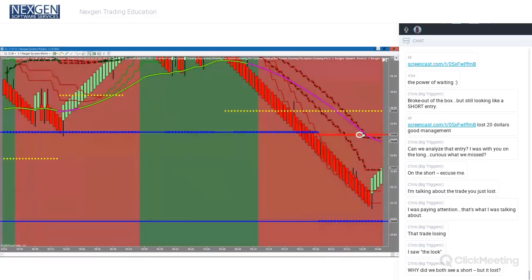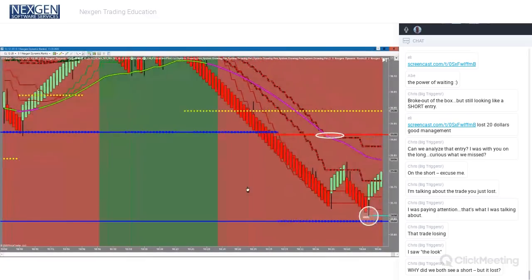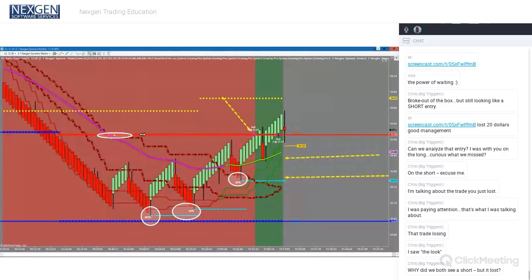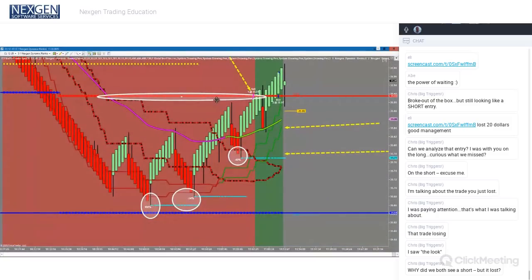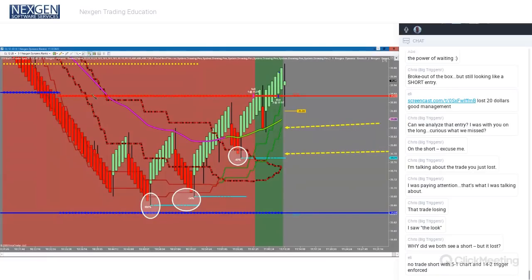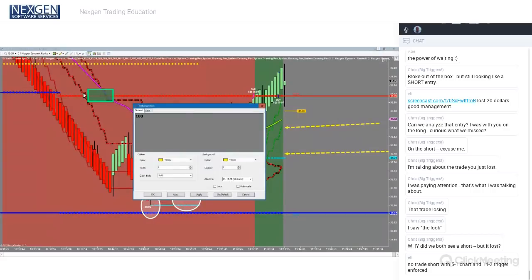So I left my order in regardless of any other conditions. And eventually it got filled over here. So the question is, is it the right trade way over here still versus over here? Over here, it was 100% perfect trade.